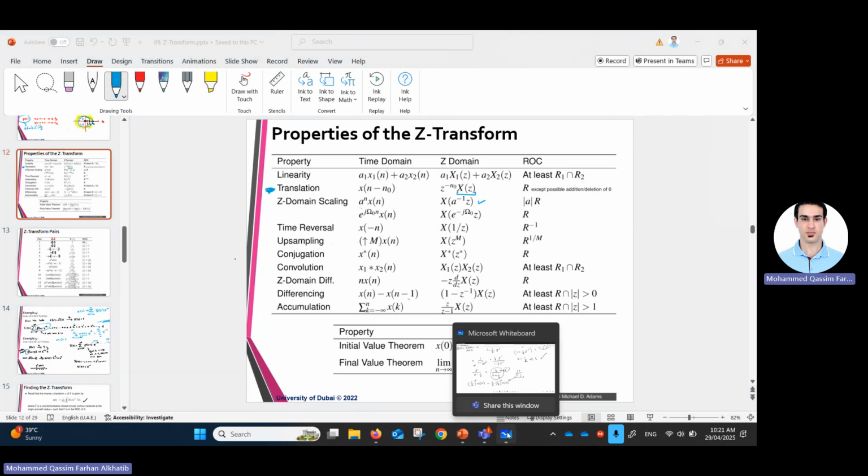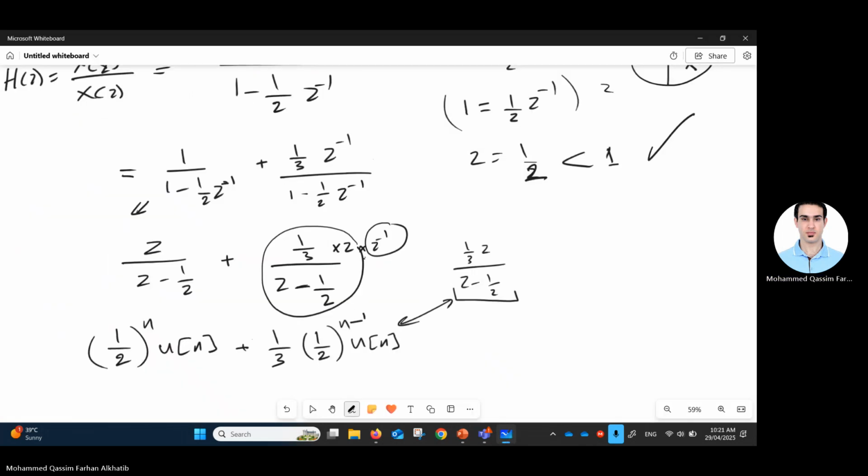So basically, n minus 1, and that's it. When you multiply by z negative 1. Is it clear what I did there? Okay.